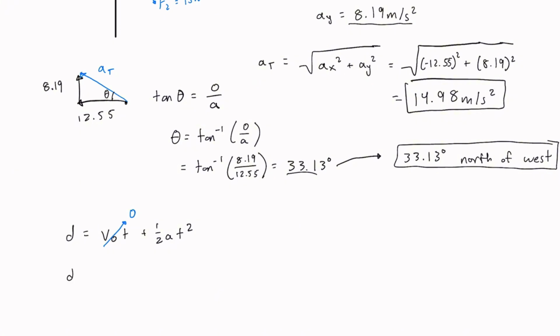So we set d equal to 1/2 a, which is 14.98 meters per second squared, times t squared, which is 5 squared, since we want to know how far it is after 5 seconds. And this is all equal to 187.25 meters.